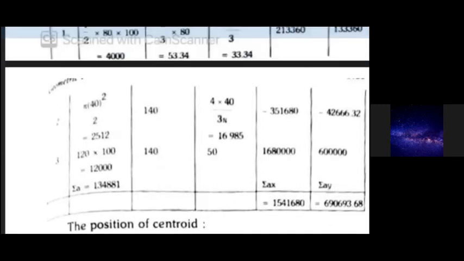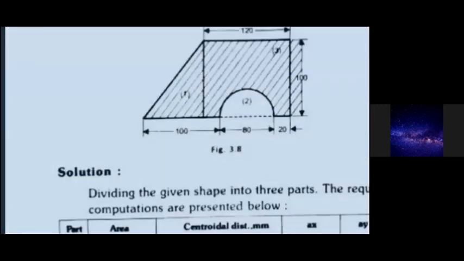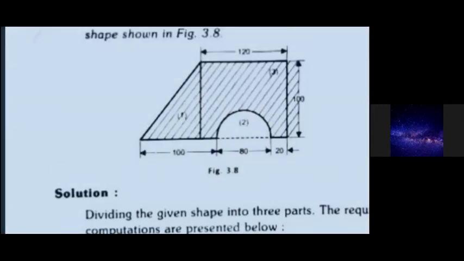So here, sigma a is equal to a1 minus a2 plus a3. Similarly, sigma ax is equal to a1 x1 minus a2 x2 plus a3 x3, and sigma ay is equal to a1 y1 minus a2 y2 plus a3 y3.